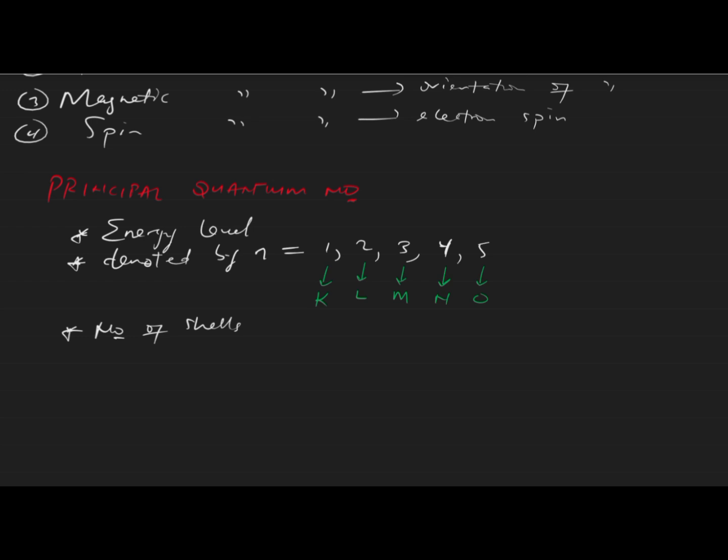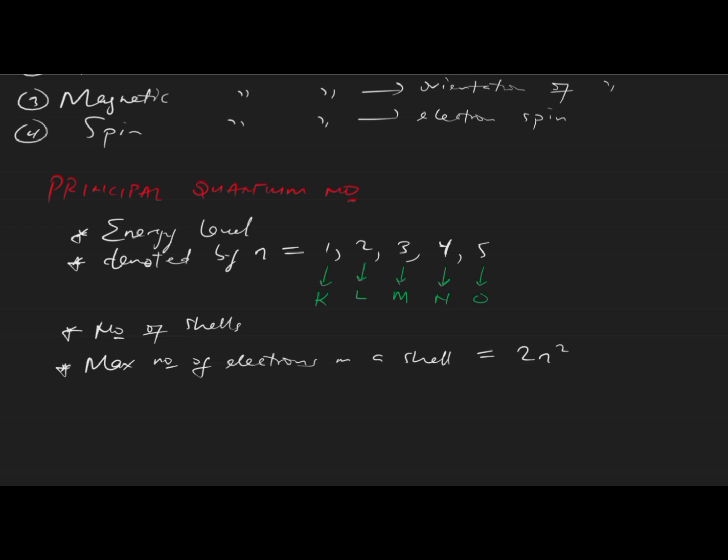From the principal quantum number, you can also calculate the maximum number of electrons in a shell, which is usually equal to 2n², where n, like we said earlier, is the energy level or the number of shells.